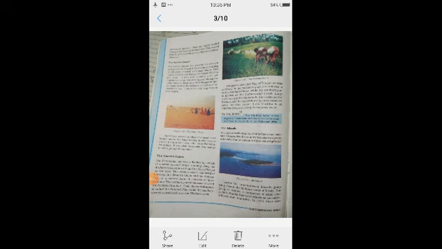Streams appear during the rainy season. Rainy season में यहाँ streams दिखाई देते हैं. Soon after, they disappear into the sand as they do not have enough water to reach the sea. Luni is the only large river in this region. So which river is there in this Indian desert? Luni.